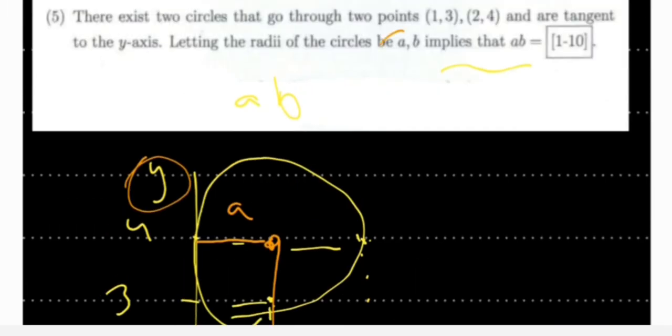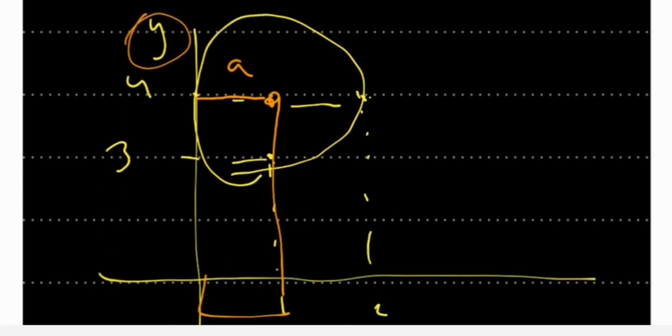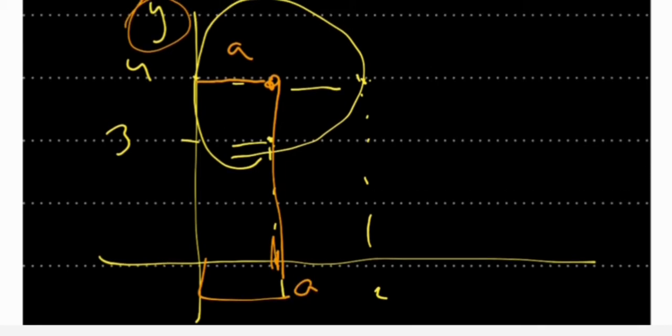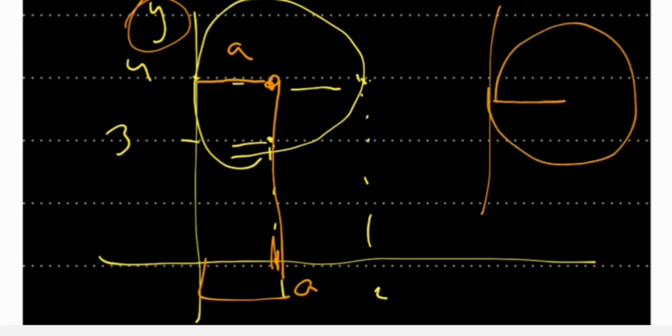Because he is telling us that the first radius is A, and the x of the center is A. Does this make any sense? You have a tangent over here, and this is our circle, so it must be A on the x-axis, because here is A.